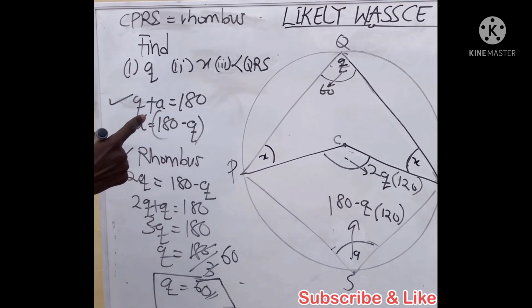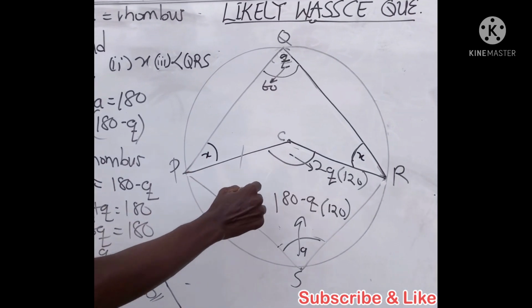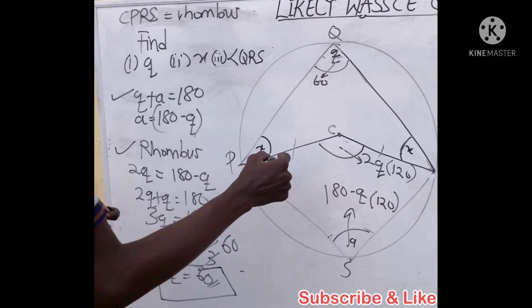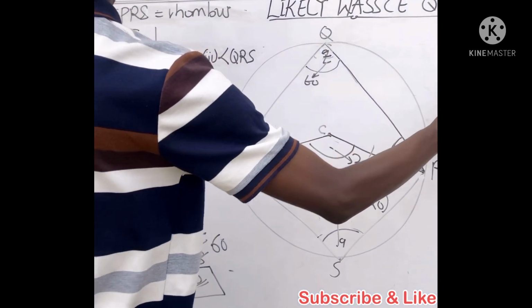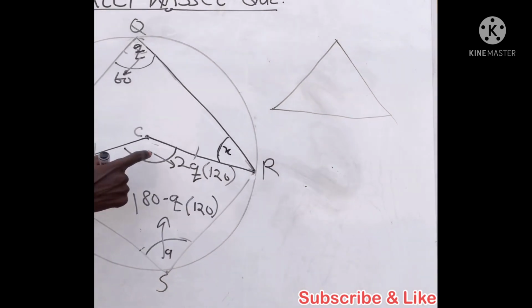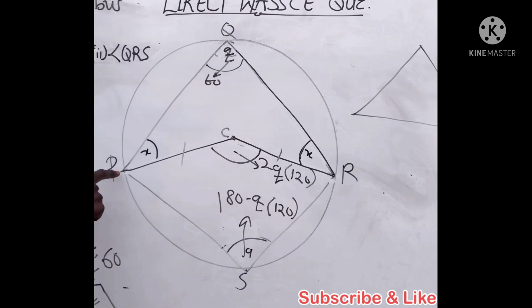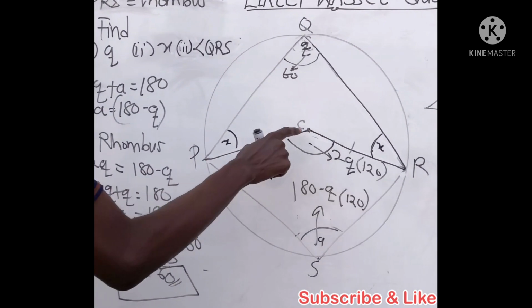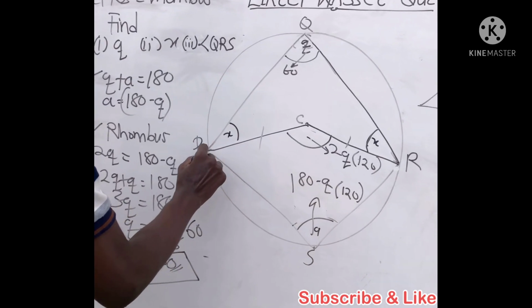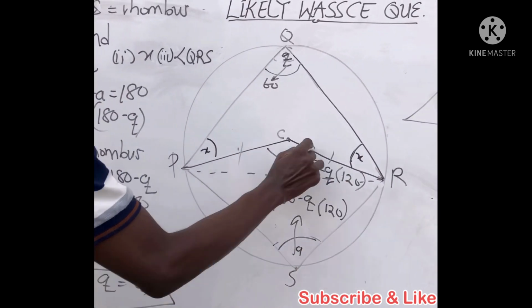Now we are asked to find for the value of x. We know that this is a radius. This is also a radius. Now, anytime in a circle theorem question, whenever there are two radii in this form, we can draw an imaginary line here and say that this and this are equal.